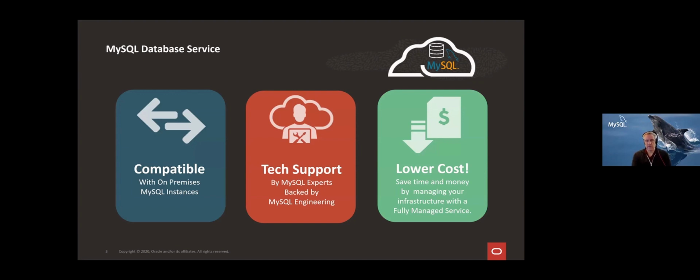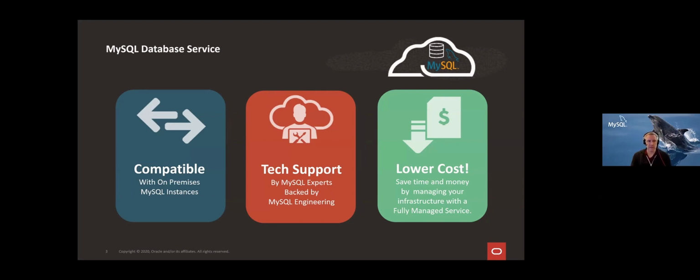MySQL is an open source product, and so we have the MySQL Community Edition that everybody can download to run on premise, or run in compute nodes, for example in the Oracle Cloud or elsewhere. Then we make a version of the Community Edition that is enhanced with additional security that is useful for enterprises. This is the MySQL Enterprise Edition, and we use that as our basis for the Oracle MySQL Database Service.